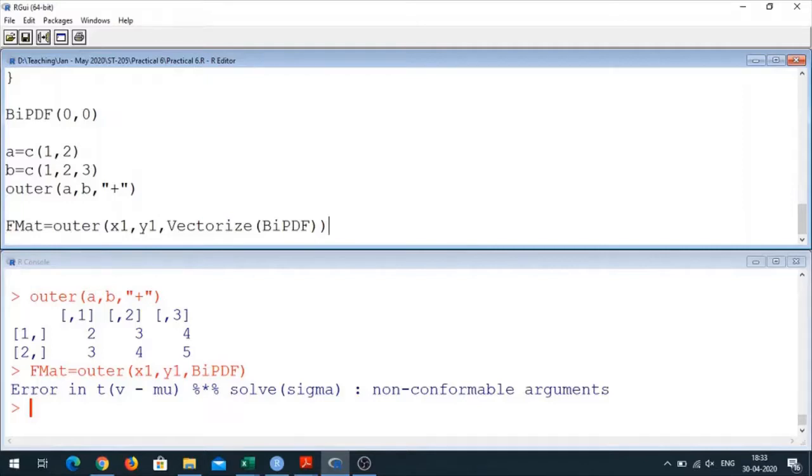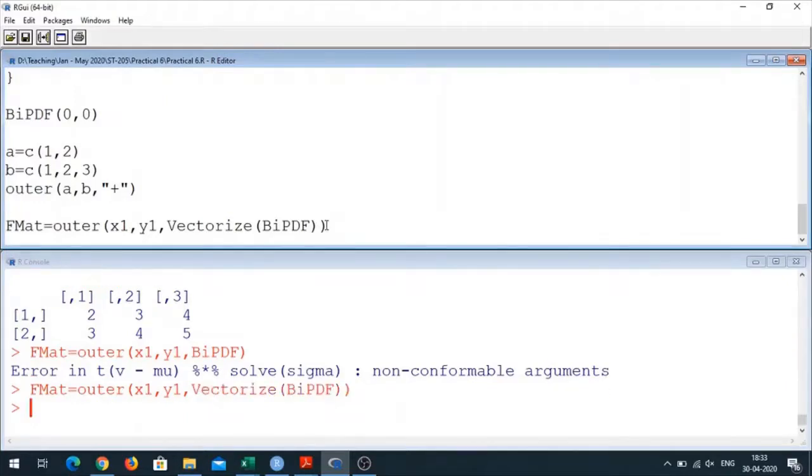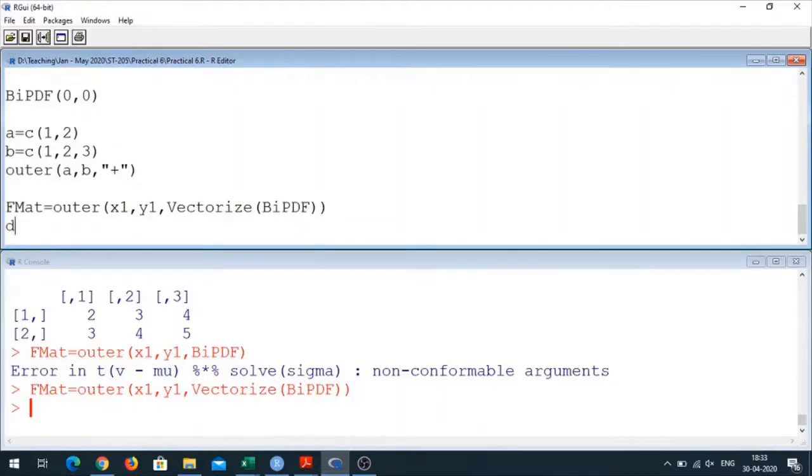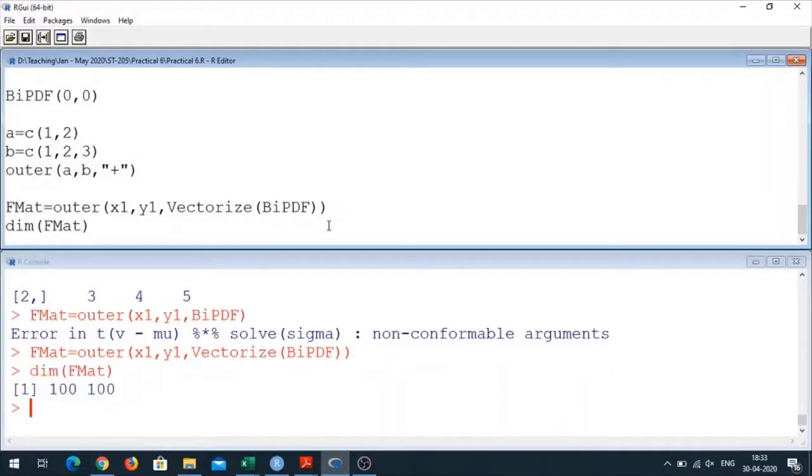Try to read the help of Vectorize also. It's a good exercise; even if you don't have laptops, you can just Google and find the help page for Vectorize. With this it is not giving an error. My x1 is of length 100, y1 is of length 100, so I expect the dimension of my fmat to be 100 cross 100.